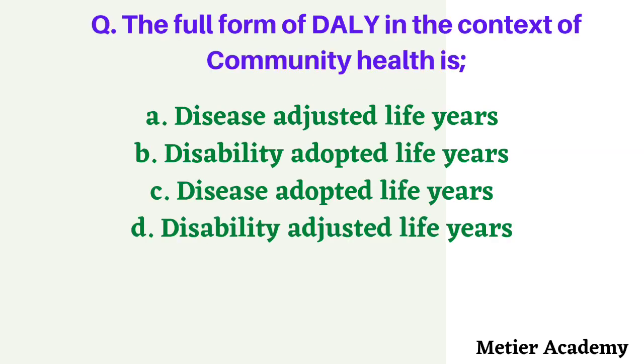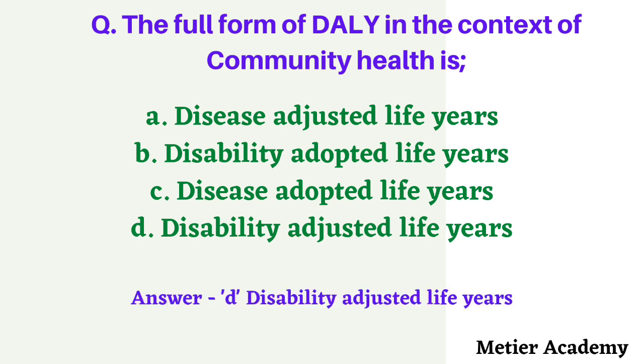The full form of DALY in the context of community health is. Options are disease adjusted life years, disability adopted life years, disease adopted life years, disability adjusted life years. And here the correct answer is option D, disability adjusted life year.